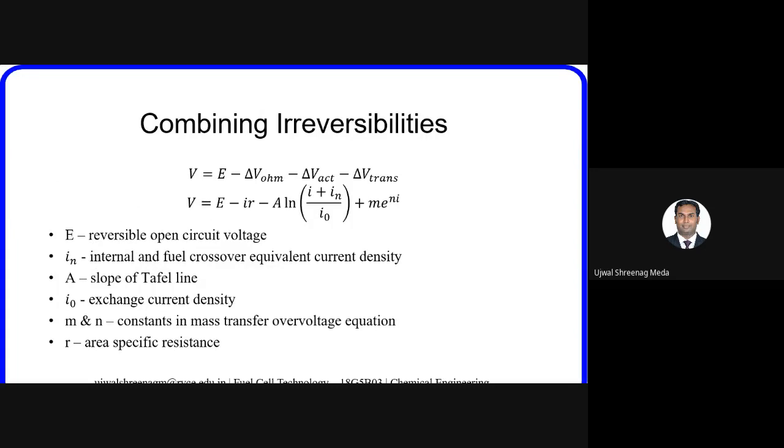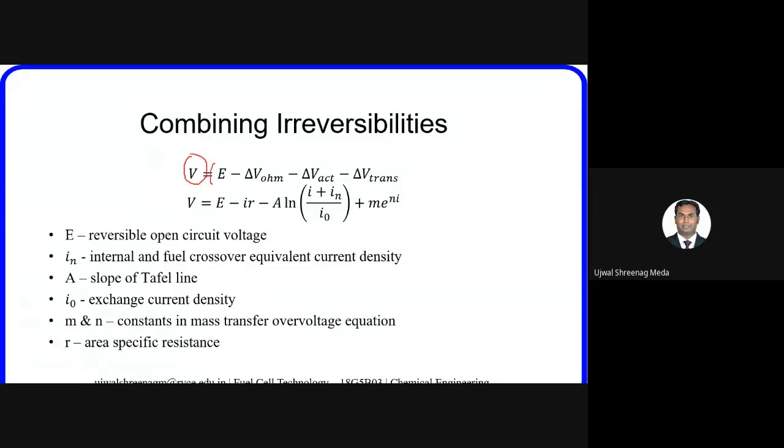So now we learnt about the different types of losses, and all these types of losses should be measured and accounted for so that the actual voltage in a working fuel cell can be determined. So the equation that you can see on the screen, here we are trying to find out the actual voltage of a working fuel cell.